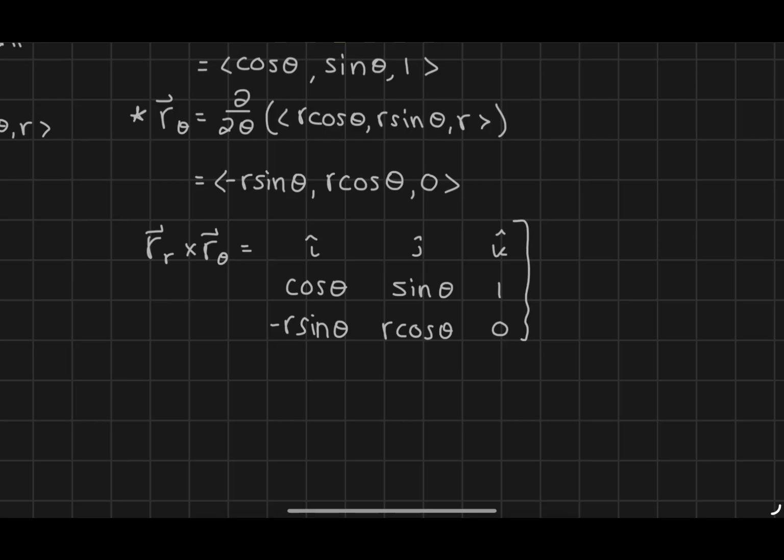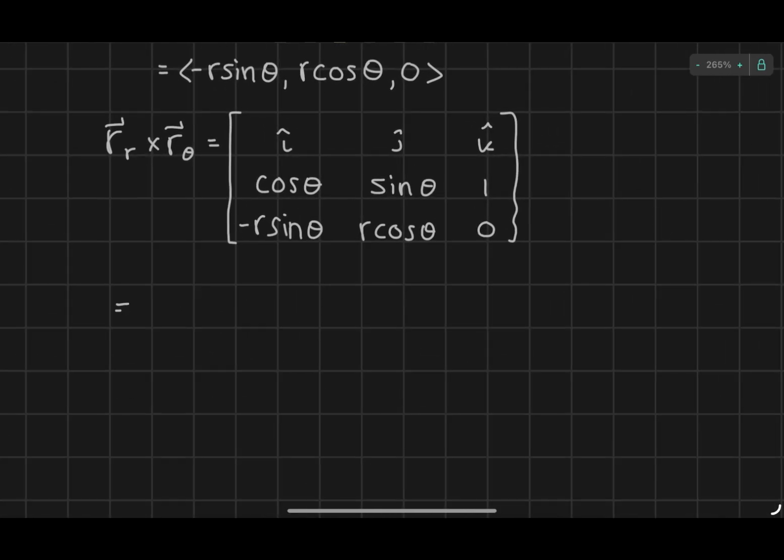Make our little determinant. This actually should be simple enough to be able to do in our head. I wouldn't advise this if you're not comfortable with it. Our x component, or our i component, is going to be sine of theta times 0 minus 1 times r cosine theta. That first term is actually just going to equal 0, so we're just going to have negative r cosine theta.